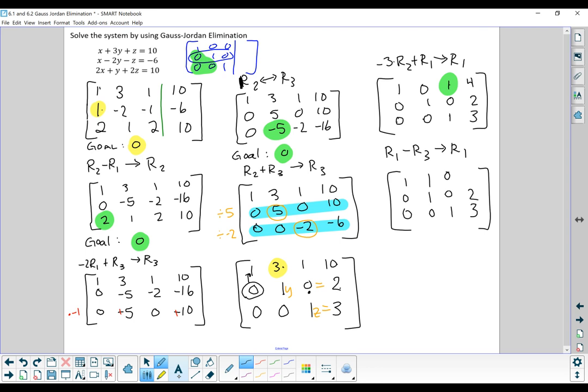Oh my gosh, sorry. I wrote not what I said. This was 0 minus 0, so it was 0. And then lastly, 4 minus 3 is 1. So now I have my reduced row echelon form. We are finished, and our solution is x equals 1, y equals 2, and z equals 3.